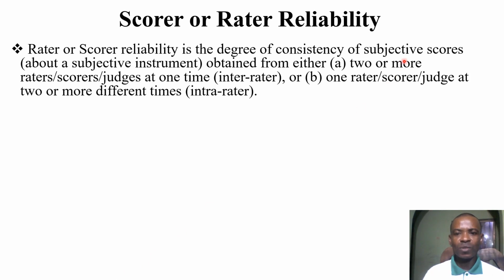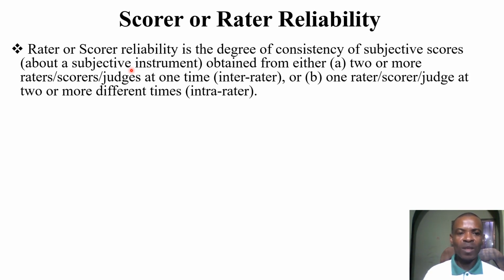However, take note that the scores are subjective, or that the instrument you use to collect the data is a subjective instrument. An example of a subjective instrument or subjective score could be observations when you expose someone to performing a practical skill. You need one or more judges to rate the performance of such a person, or you need a judge to rate the performance of such a person at different times.